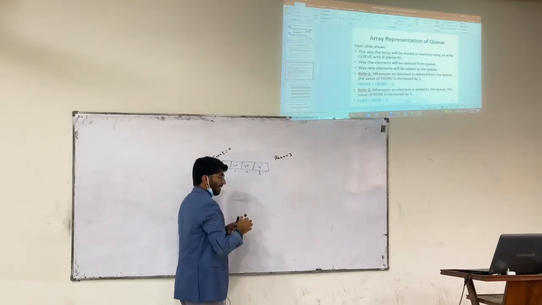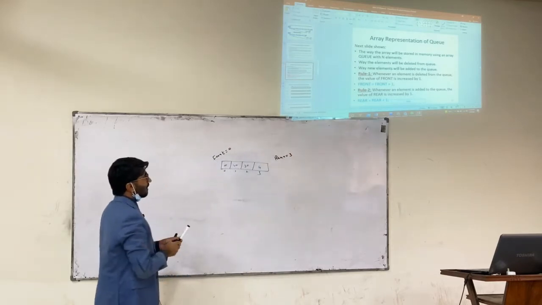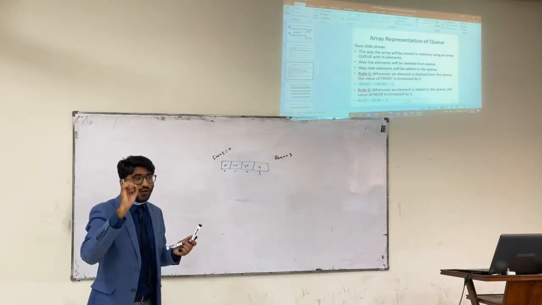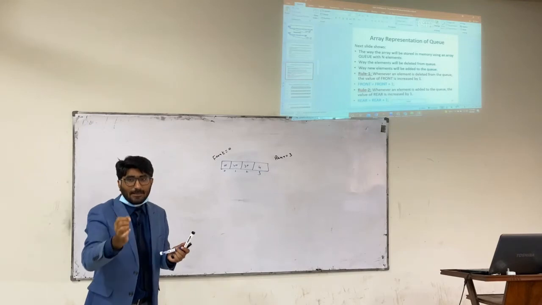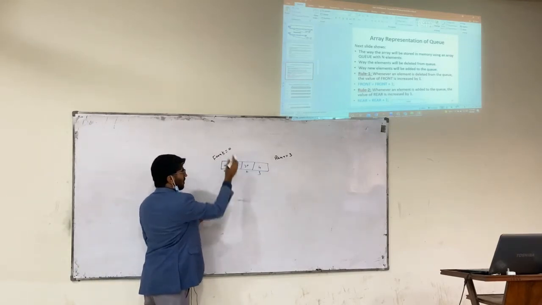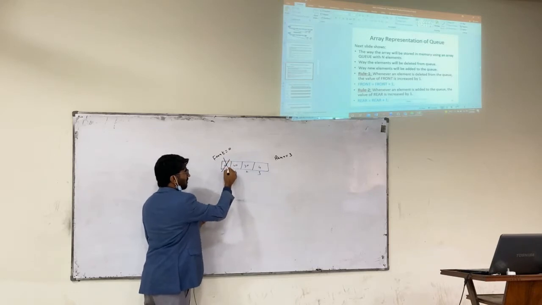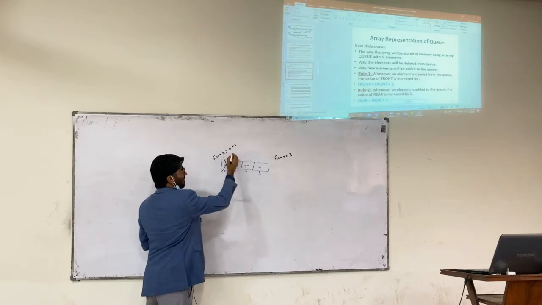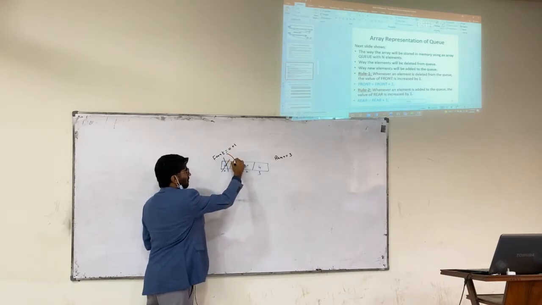So remember rule number 1. देखिए, when an element is removed from the queue, the value of front will be increased by 1. Currently front is 0. Now let's suppose 10 has been removed. Now the value of front will be increased by 1: 0 plus 1, 1. Now front will point to this one.